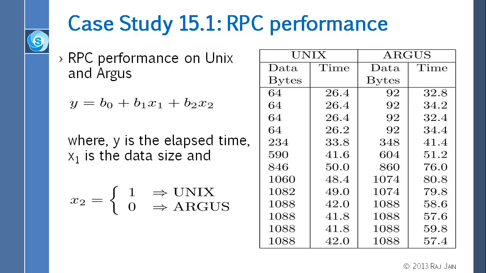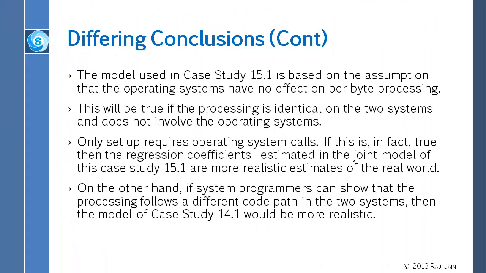Okay, so there is some fine point here that you have to understand: when you put many variables in a model, you have to understand what you're doing, how those variables are changing the model. The model used in case study 15.5 assumes that the per byte cost is the same. That could be the case if it is related to something else like disk or operating system or network.